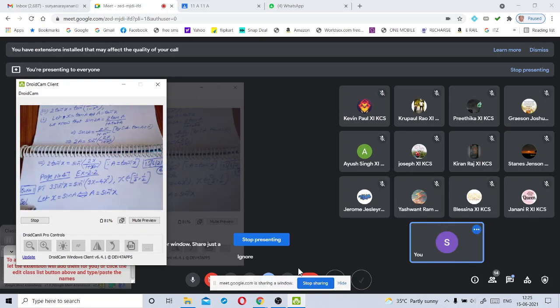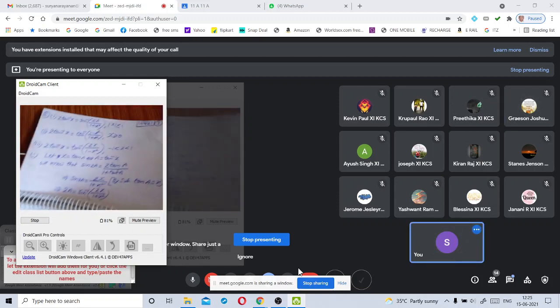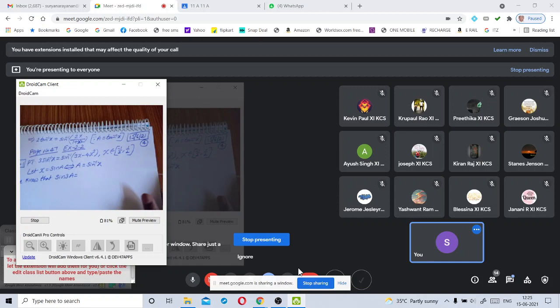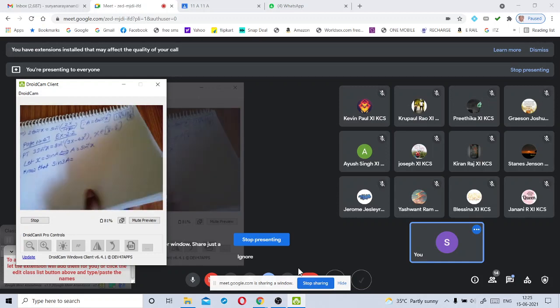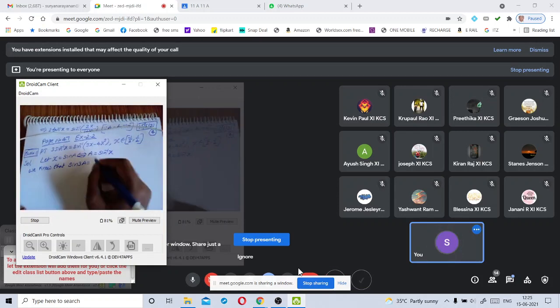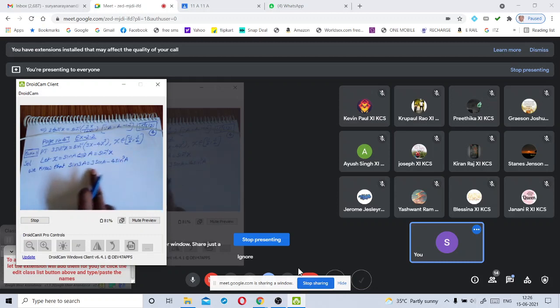We know that sine 3a formula. We know that sine 3a is equal to, this is also a trigonometric identity.